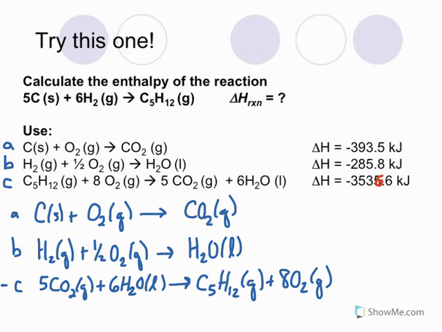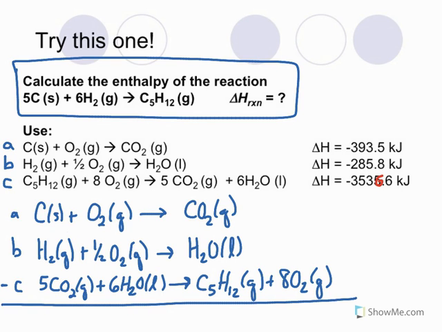All right, do a check here. First reaction, carbon is a reactant. Reaction A, carbon's a reactant. Write it down as is. Second reaction, hydrogen's a reactant in B. Third reaction, pentane is a reactant rather than a product, so you need to flip.